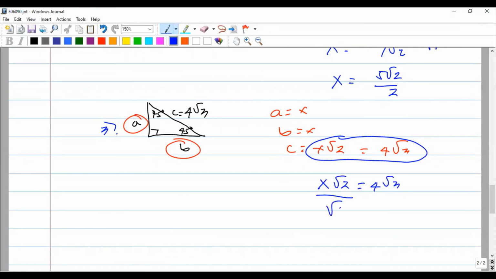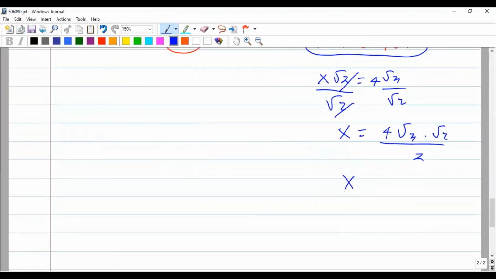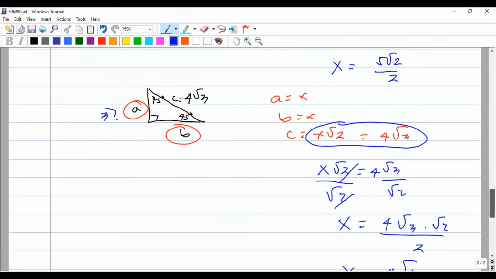Divide both sides by square root of 2. So we have X is equal to 4 square root of 3 times square root of 2 over 2. Therefore, X is equal to 4 square root of 6 over 2. So that would be our X.